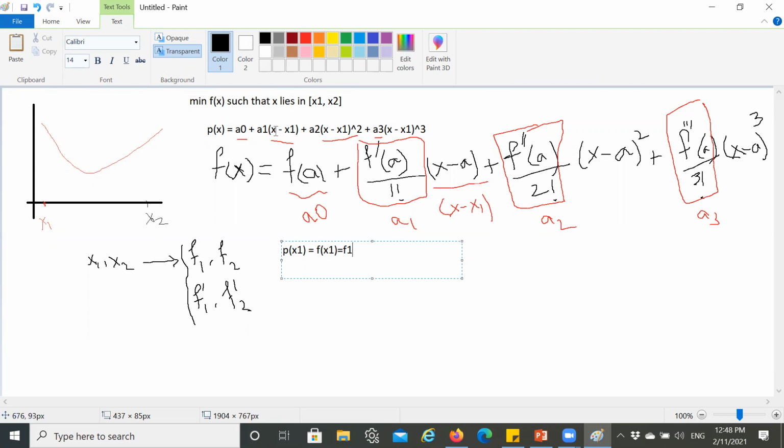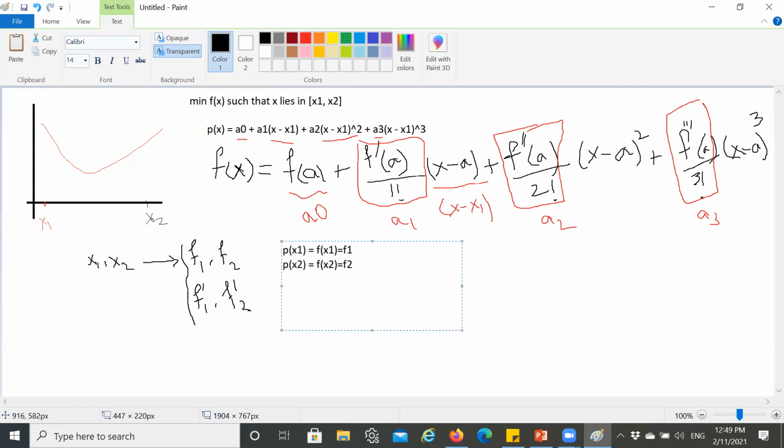In place of x, I plug in x1, and I get the equation in terms of a0, a1, a2, a3, and we know the functional value of f of x1. We can calculate it, so this will be some constant. So this is equation 1. Obviously, you can tell me what equation 2 is. Equation 2 would be P at point x2, which is equal to f of x2, right? Is it clear?